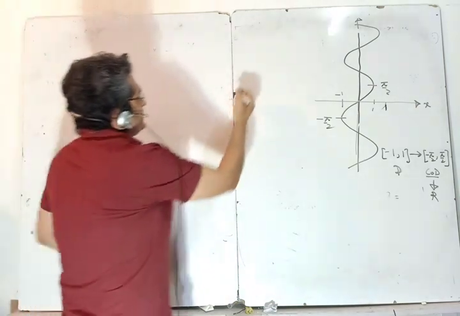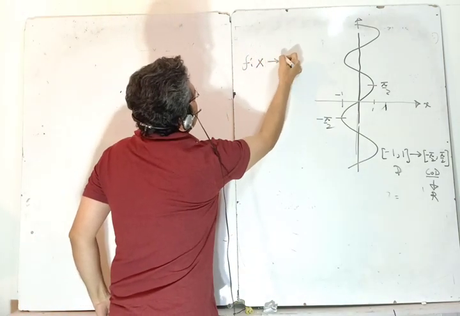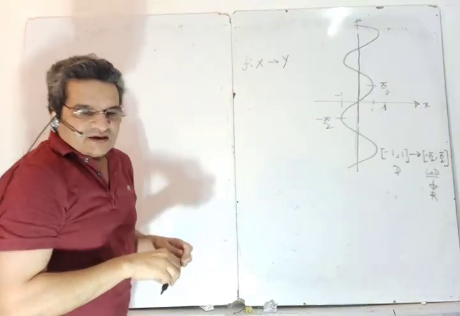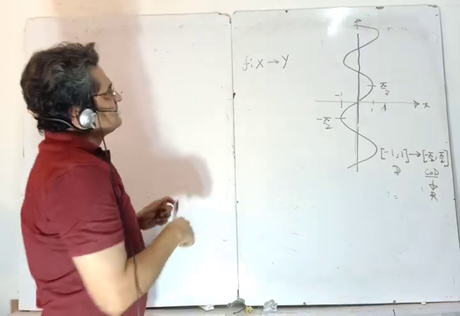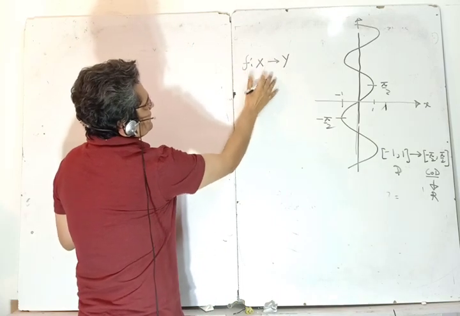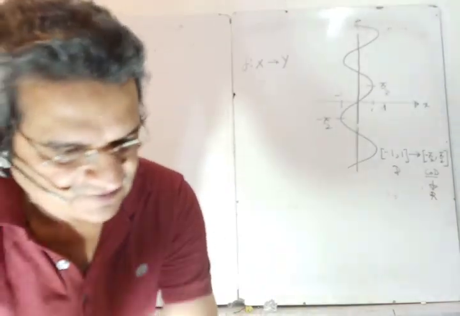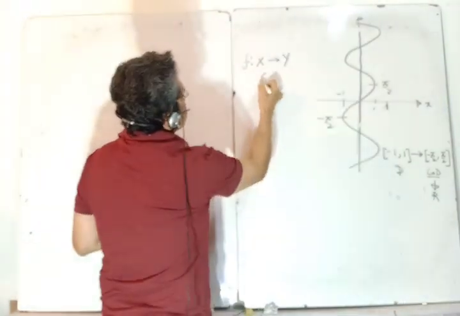Now, first of all, if there is a function, say f: X to Y, when can we have inverse of this function? We can have inverse of function f. Say f is f(x).